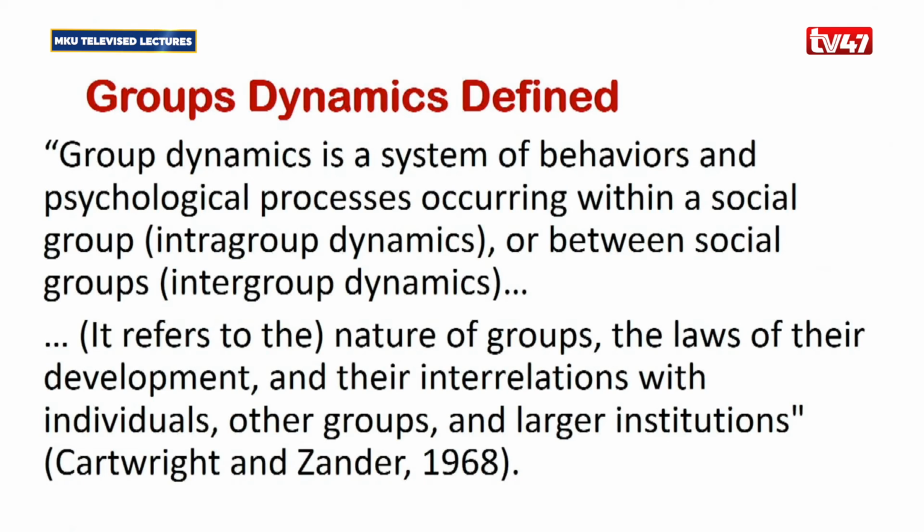It is the nature of groups, also the structure, the roles of different group members, then the laws. These are the rules and regulations, the norms of their development and their interactions or interrelations with the individuals, other groups, and even other larger institutions. Very good definition of group dynamics.